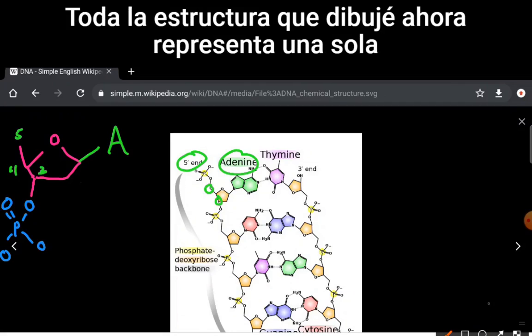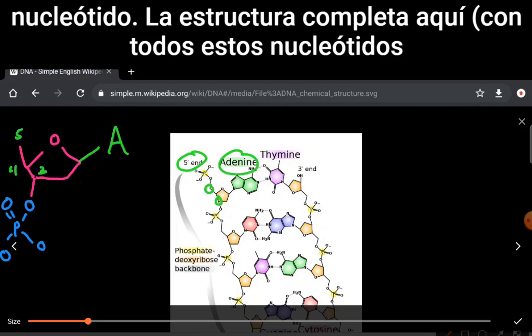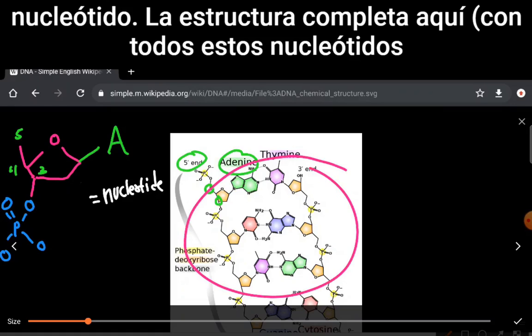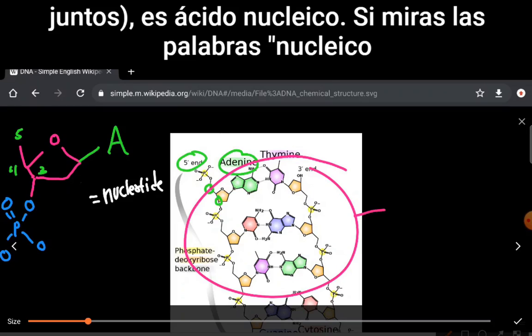This entire structure that I've drawn now represents a single nucleotide. The entire structure here with all of these nucleotides together is nucleic acid.